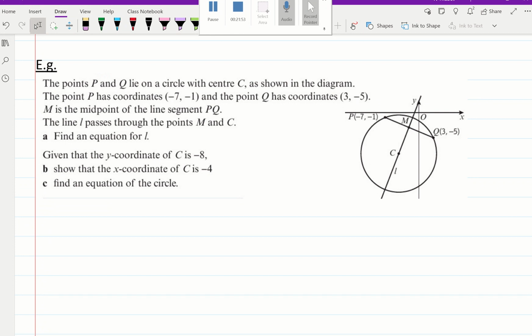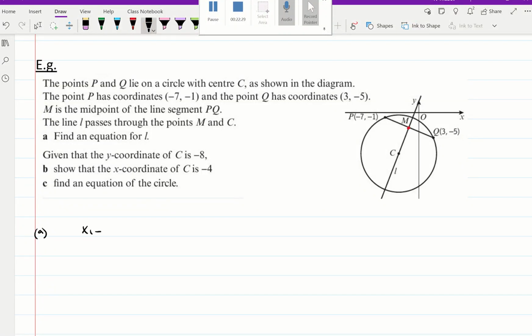So, we know that line L passes through M, the midpoint, and we can find the midpoint of the chord. We also know that we can find the gradient of the chord, and that the gradient of the chord is perpendicular to the diameter or the line L. So I think the first thing I'm going to do is I'm going to find the midpoint.